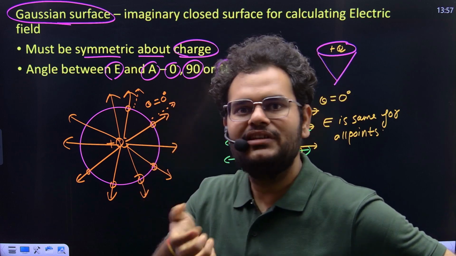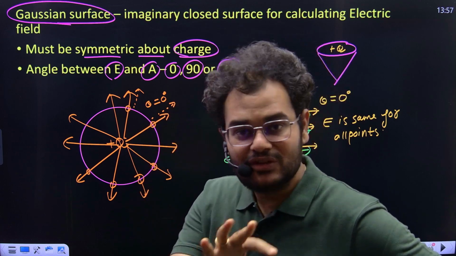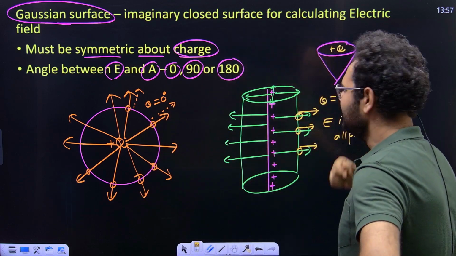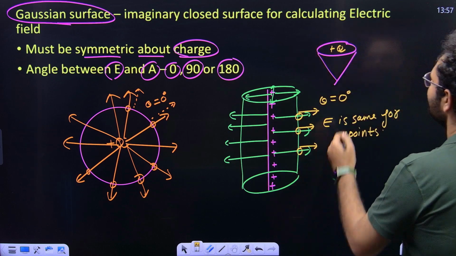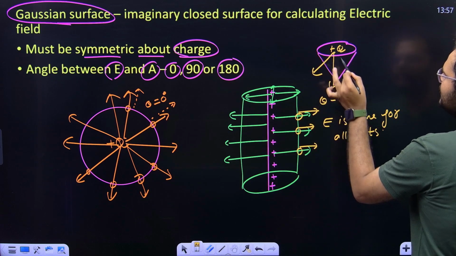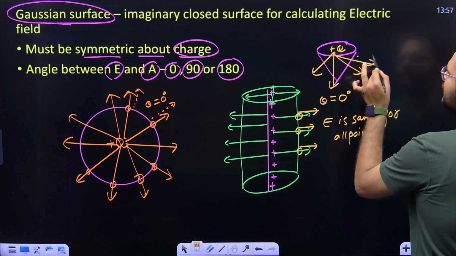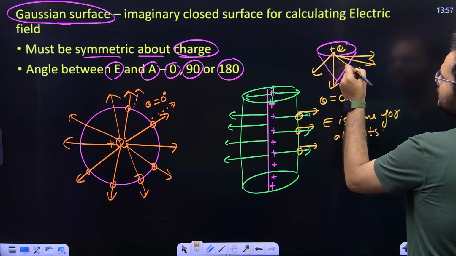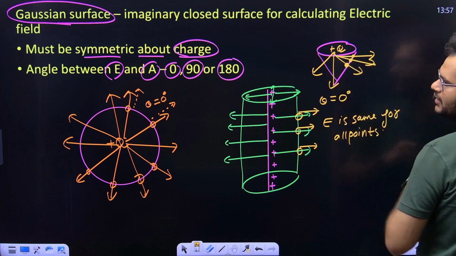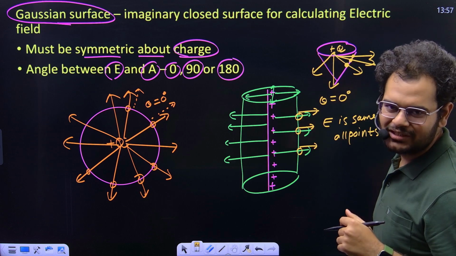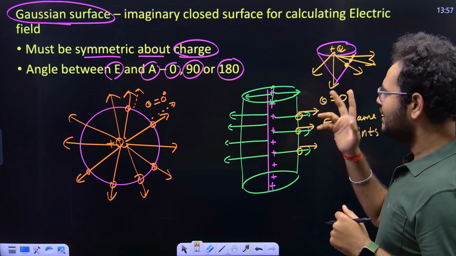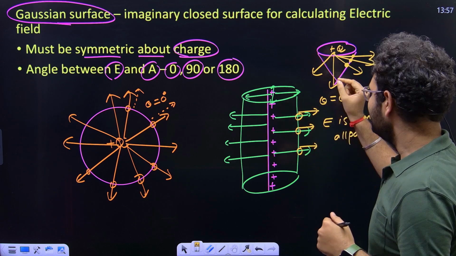Now you don't know what a Gaussian surface is, so how can you tell? Such questions are also asked. So here the answer is no, it can't be. Why? Because the electrical field is different at all points, as the distance is different here, here, and here. So it is not a symmetric charge distribution. And another thing is the angle is also different.